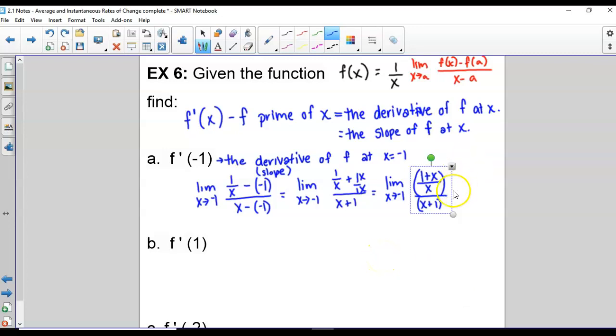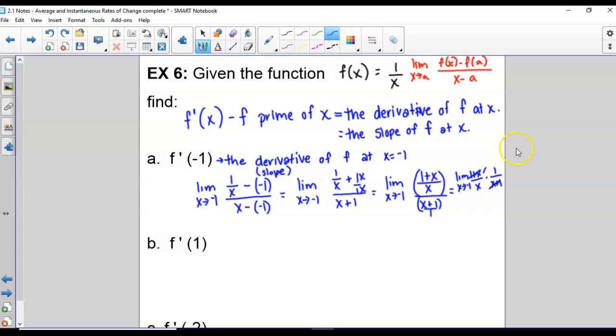And then dividing fractions is easy as pie. You can flip the second and multiply. So we would have 1 plus x over x times, this is x plus 1 over 1, so we'd have 1 over x plus 1. Alright, will anything cancel? So 1 plus x over x times 1 over x plus 1. Yeah, the x plus 1 and the 1 plus x can cancel. They aren't in the right order, but with addition, it doesn't matter, right?